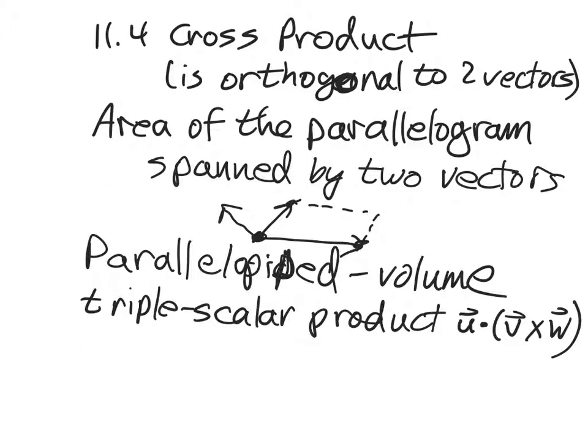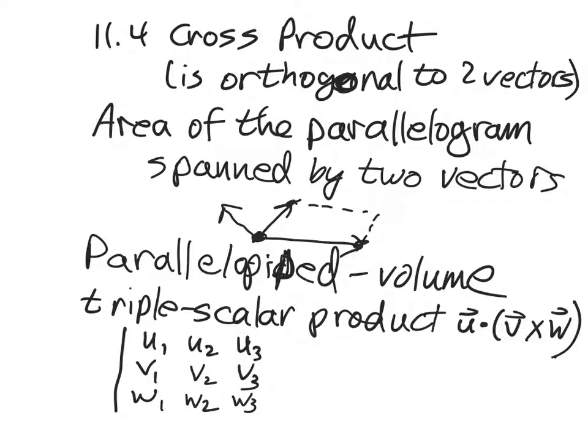And you could go ahead and do the cross product and then do the dot product between the result with U. Or you could just set up the 3 by 3 determinant without the I, J, and K up top. Just use your vector components for each row. And then the value of that, the absolute value, volume needs to be a positive number, but the absolute value of that triple scalar product is the volume of the parallelepiped.